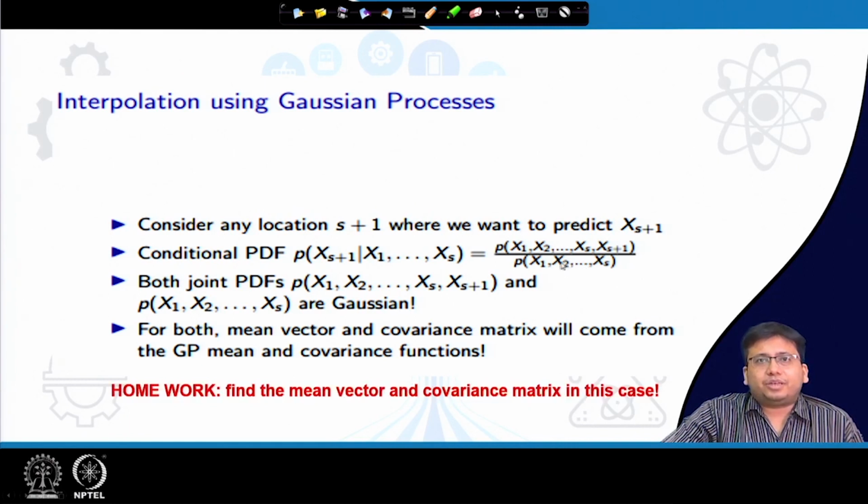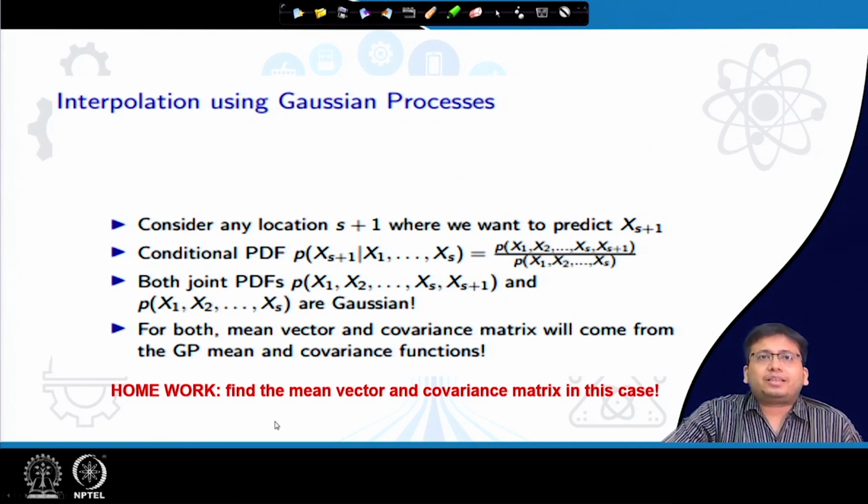The mean vector and covariance matrix of this new Gaussian will change, but it will still be a Gaussian distribution. The numerator is Gaussian, the denominator is Gaussian, and the quotient is also going to be a Gaussian distribution.